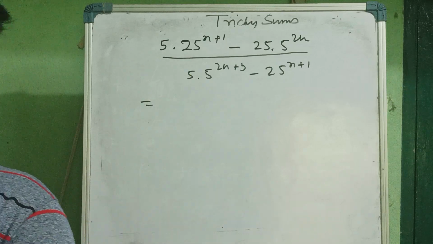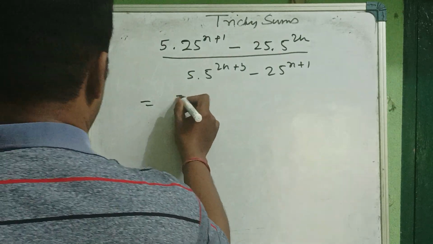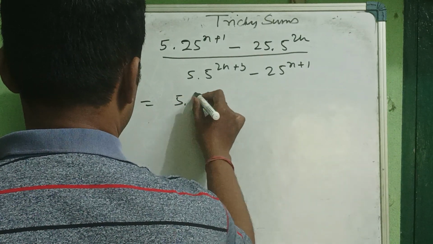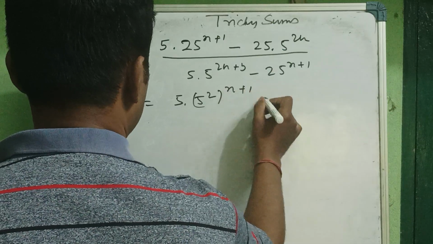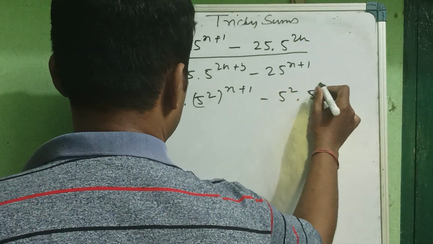First we take the square root. So 5 square to the power n plus 1 minus 5 square into 5 to the power 2n.